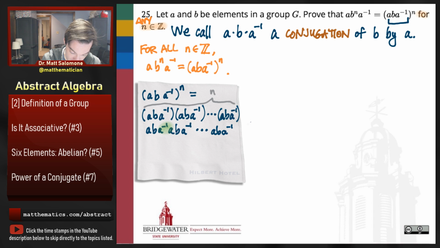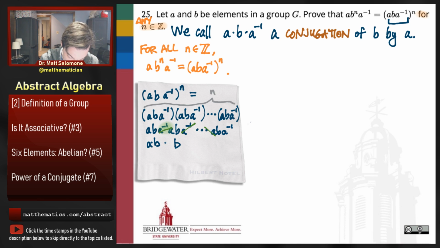And so I can just, quote unquote, cancel that product of an A inverse with an A. So what I get is A, B, skip B. And then this A inverse is going to cancel with the next A that's sitting next to it. So that thing will have canceled. This last A here will have canceled with the A inverse in front of it.